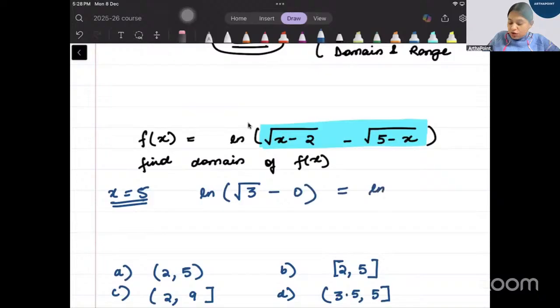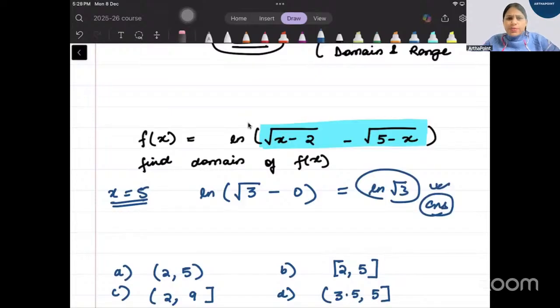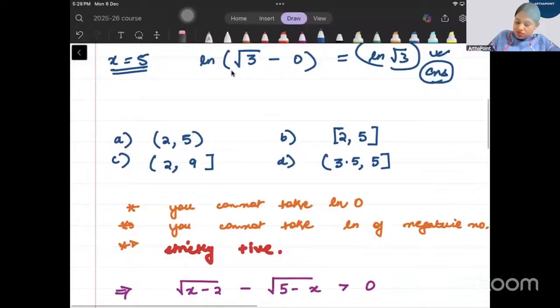That means ln of root 3. So you will get some answer for this, right? Root 3 is 1.7, so ln of 1.7. You'll get some positive answer for this, which makes sense. So yes, from the actual function, we realize that 5 can be included in the domain. So yes, all of you are correct. The correct answer will be this.